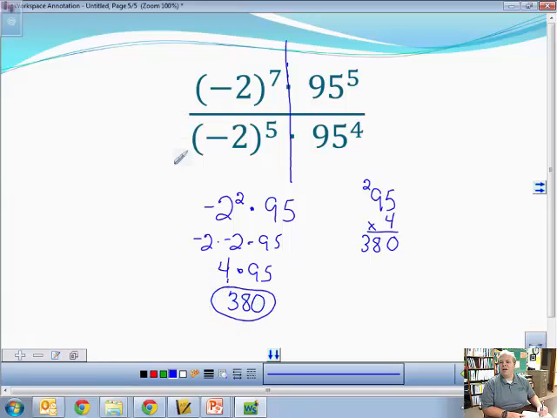I would much rather do this than this, because this looks confusing. Here I'm using the laws of exponents. Remember, if I was to multiply and they had the same bases, all I would have to do is add the exponents. However, when I'm dividing like I'm doing in this problem, and the bases are the same here, all I do is subtract.